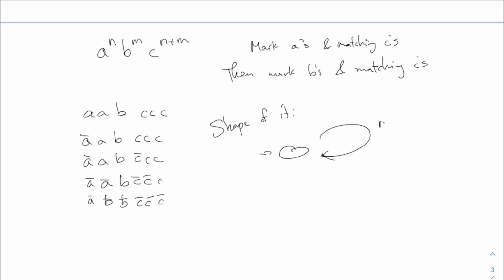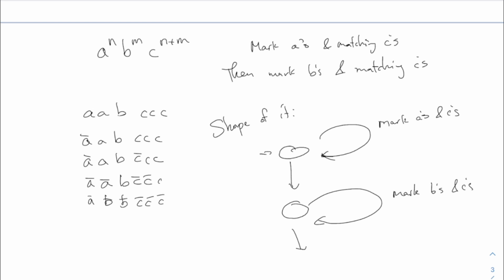This is where we mark A's and C's. And then when you're done with that, it runs into another loop like this, where you mark the B's and C's. And then there's some thing at the end here, as we usually have, to make sure that everything is looking how we like it at the end. All right, so this is the basic shape of this loop here.